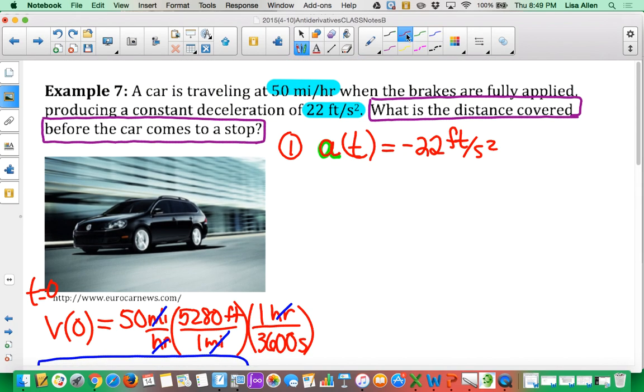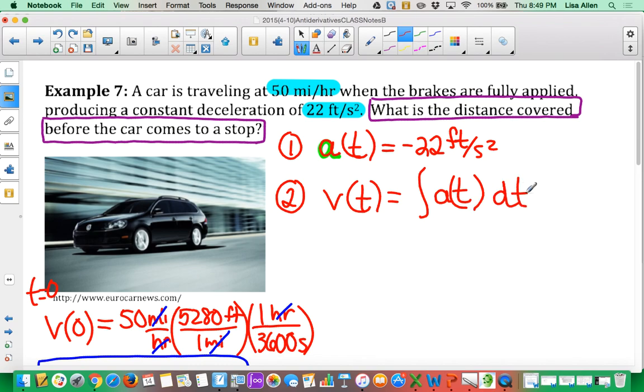Now, we start with acceleration. We're going to do a couple things before we get to the next video. The second thing is that we know that velocity, v of t, is going to equal the antiderivative of a of t, a of t dt. Oh, my goodness, I just stepped ahead into the integral notation. We haven't used it.